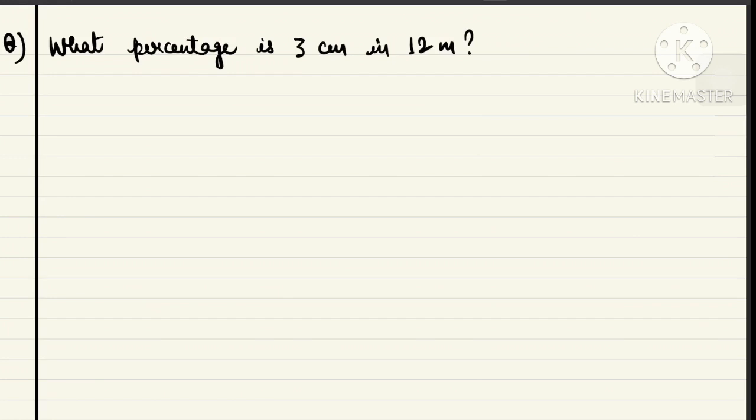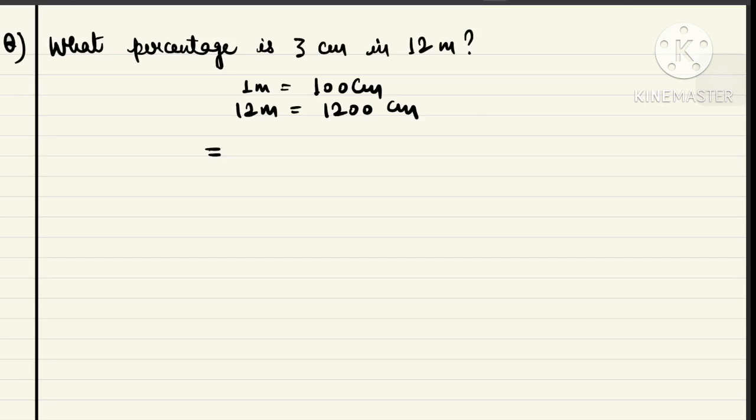In the next question, what percentage is 3 centimeter in 12 meter? So what do we have to do first? We have to convert meter into centimeter. As we know, 1 meter is equal to 100 centimeter. So 12 meter will be 12 into 100, that will be 1200 centimeter. So what will be the required percentage?